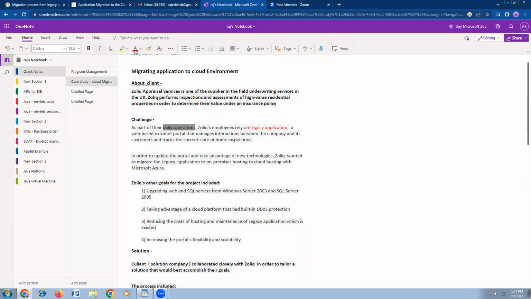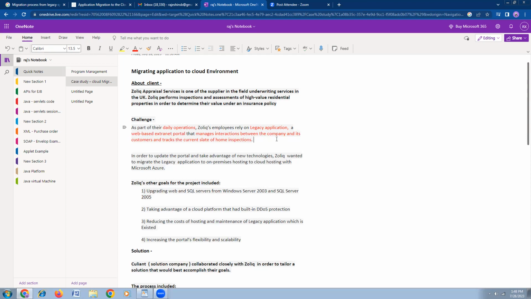First of all, we have to understand the challenge. The challenge is that there are some legacy applications which they are using, and this legacy application is a web-based extranet portal. It majorly manages the interactions between the company and its customers to track the current state of the home inspections, to what extent the inspection was done, the status of inspections.